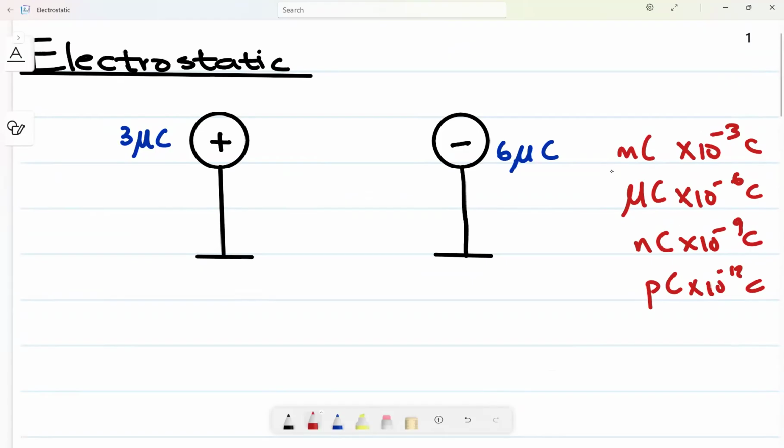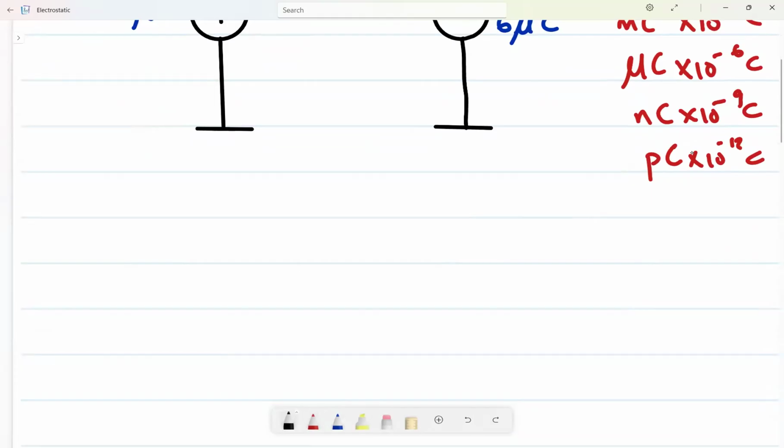Now that force of attraction will cause the objects to attract, let's say, here are my objects, they are attracting, they are together like that. This is during the attraction force, okay?